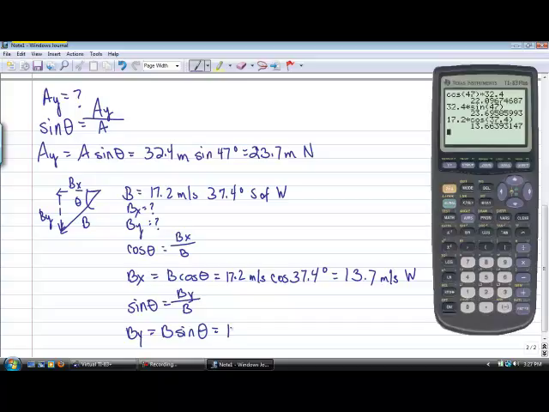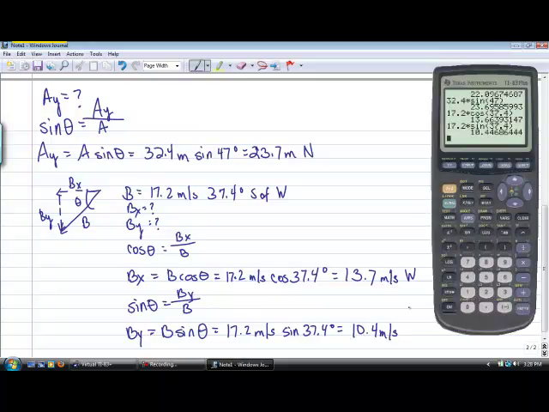B is 17.2 meters per second. And then we take the sine of 37.4 degrees. 17.2 times the sine of 37.4, and we would get 10.4 meters per second. What direction?